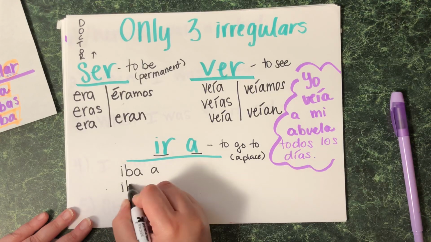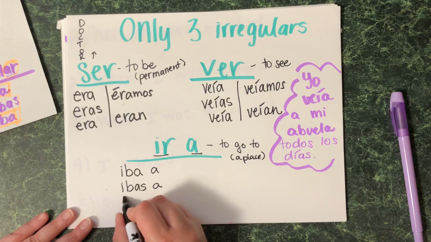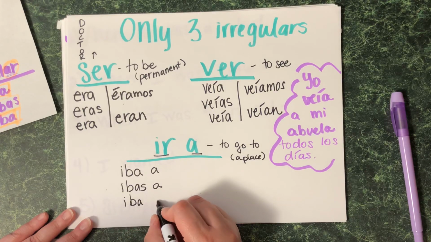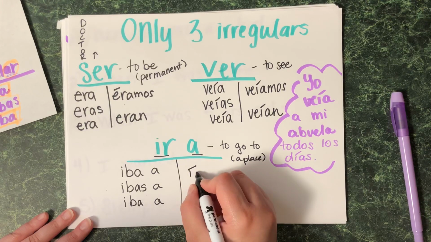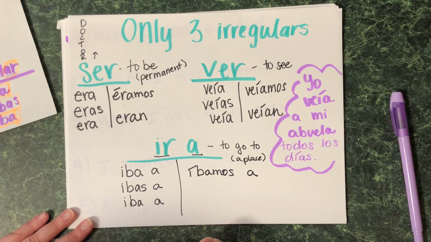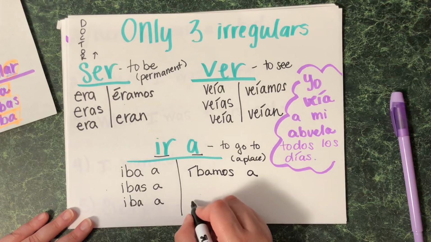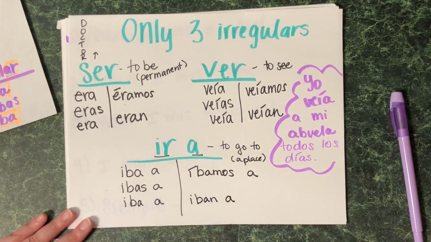Iba, ibas a, él, ella iba a, nosotros íbamos a, and ellos, ellas, ustedes iban a.